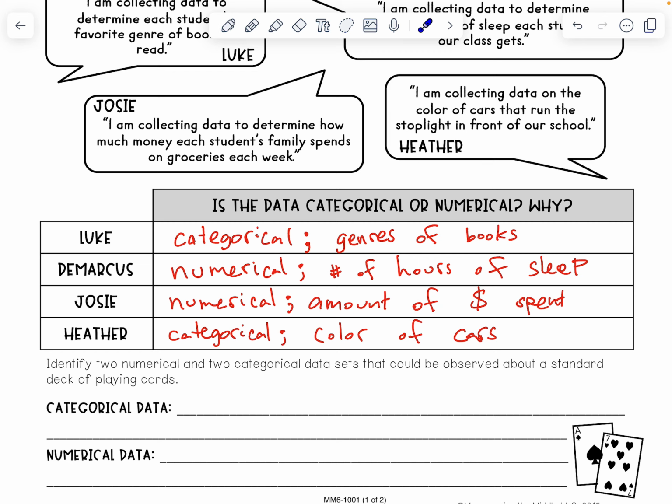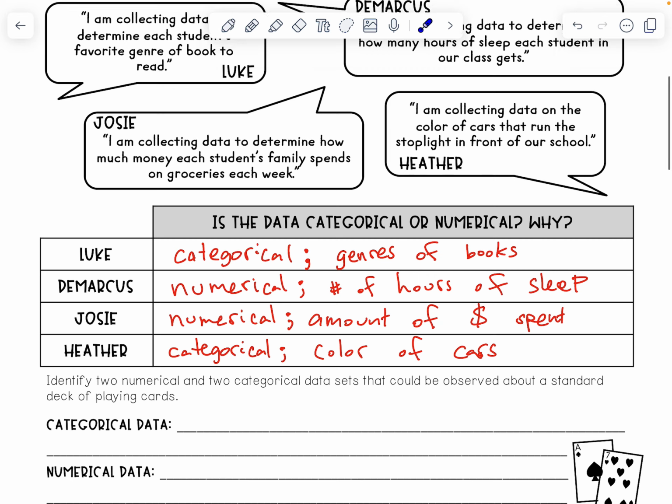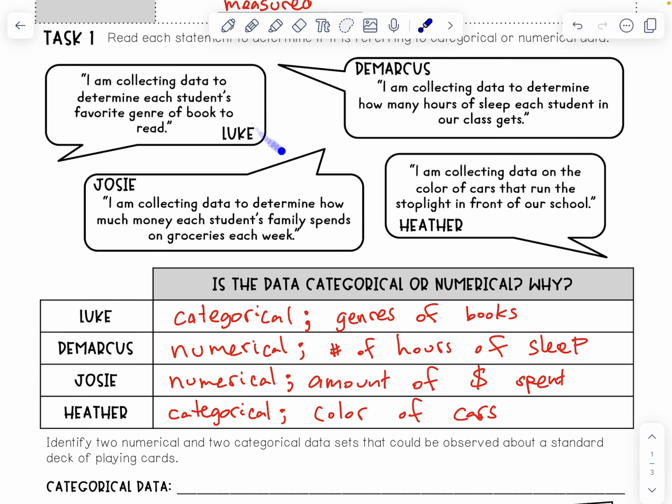Now, the thing that can get confusing about numerical versus categorical is that even when Luke and Heather are collecting data, they're eventually going to have numbers with their data. For example, if Luke finds out that 10 kids like adventure books and 20 kids like mystery books, that is a number, but he's breaking them up into categories. Same with Heather.